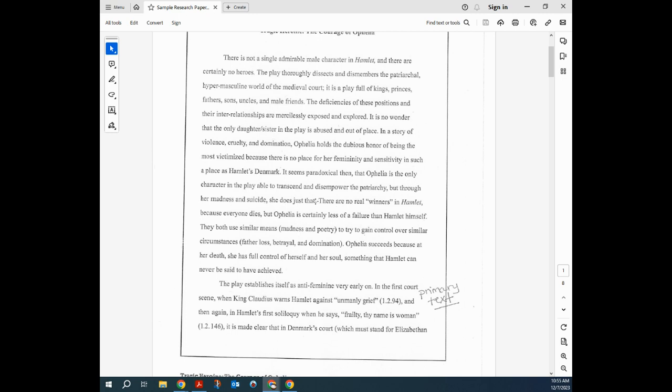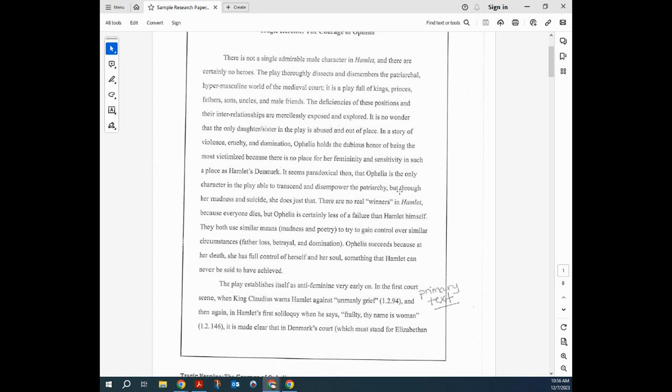So basically, the student is making the argument that based off of her madness and her own suicide, her actions in the play, Ophelia is actually able to break down the systems of patriarchy in the play.